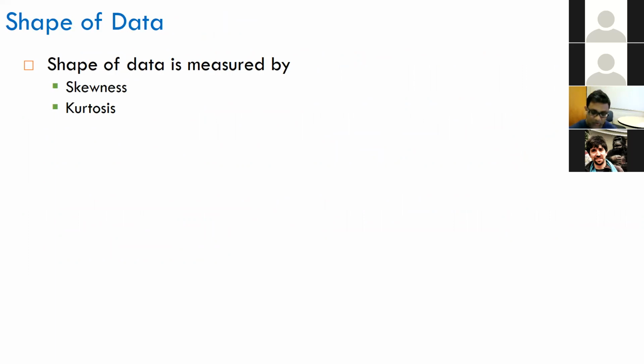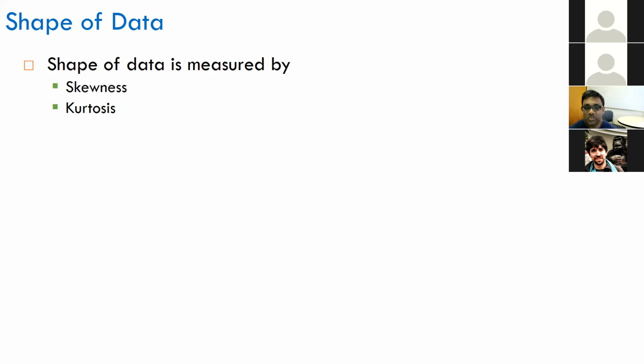Once you collect your data, you need to understand, okay, what's the shape of my data? What does it look like? How does it explain things? Shape is important because it explains the variability and how you can apply different statistical methods.